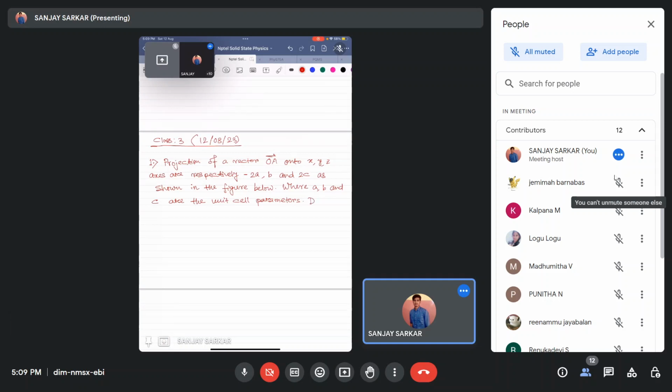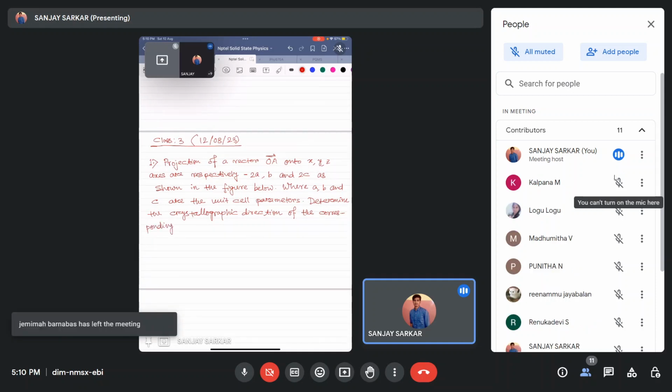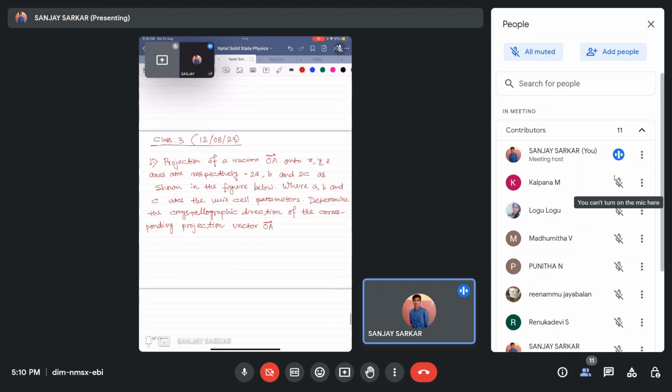Determine the crystallographic direction of the corresponding projection vector OA using the following procedure.